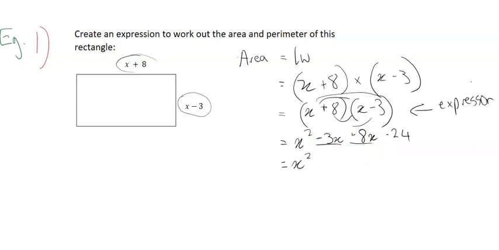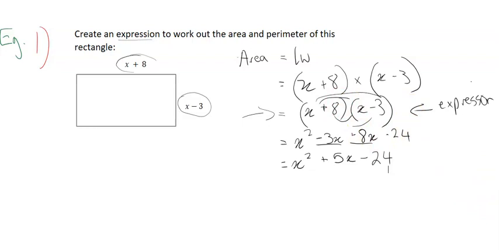So this is simplifying that expression. You could absolutely leave it as this, depending on what the question's asking. So create an expression, we already did, and then we are simplifying that. So -3 plus 8, it's going to end up being 5x, and then -24. Okay, so that's taking it all the way. There's an expression simplified without those brackets.